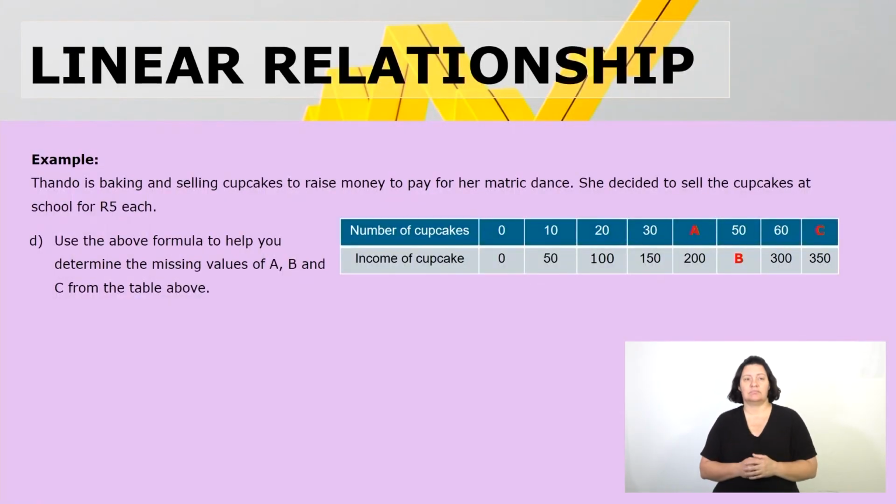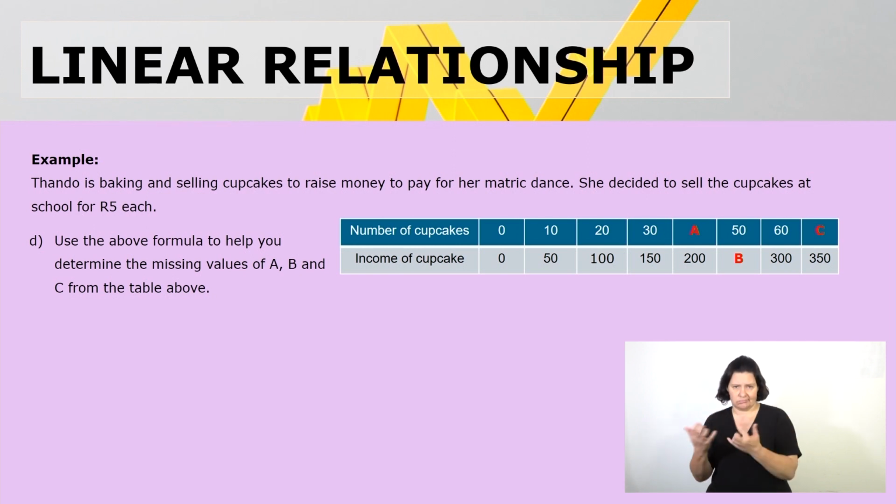Okay, let's move to this question. Use the formula above to help you determine the missing values A, B, and C. Now, when you look at A, it is not the amount that we are looking for. We're not looking for the income. We have the income. We are looking for the number of cupcakes.